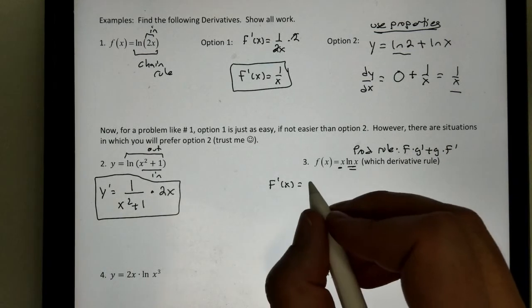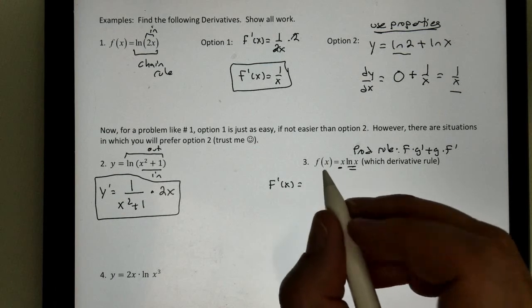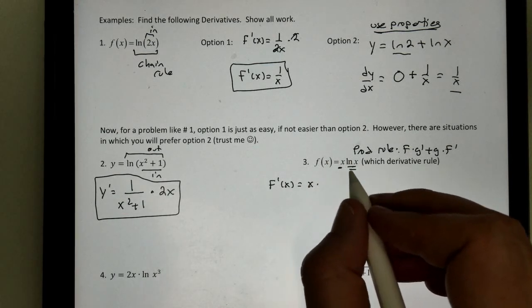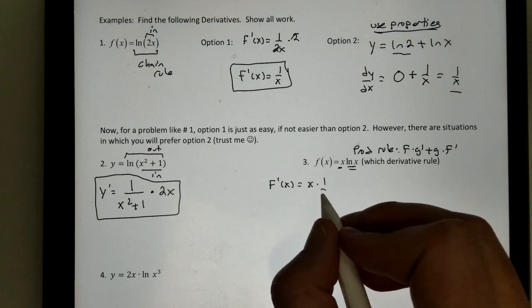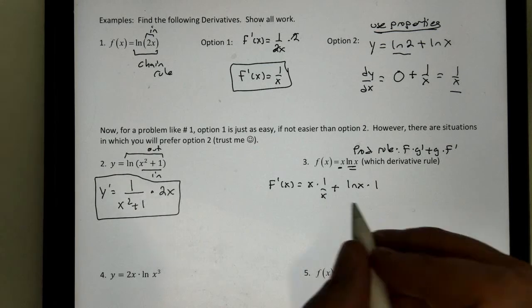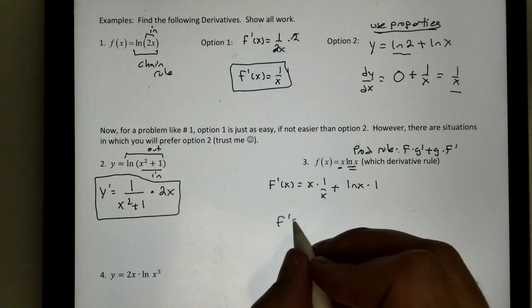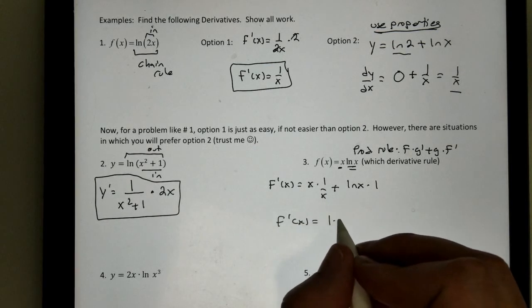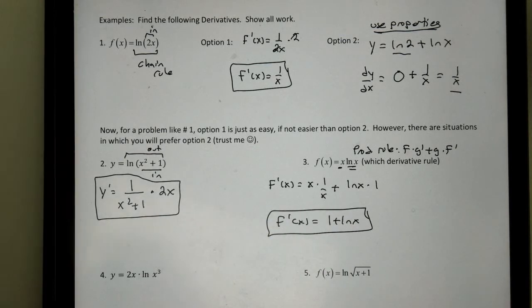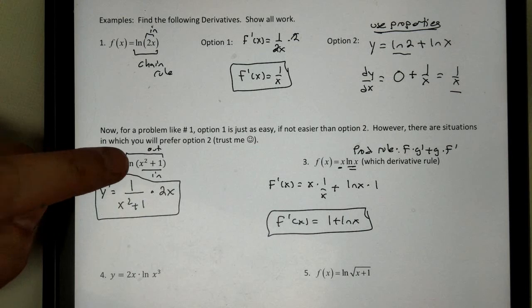So we're going to write this as x times the derivative of natural log of x, that's our rule for today, 1 over x, plus the second, which is natural log of x, times 1. You can leave it like this, or you can clean it up. The x's cancel. We get 1 plus the natural log of x. And there is our derivative. Look how easy that is. So easy, even a senior can do it.